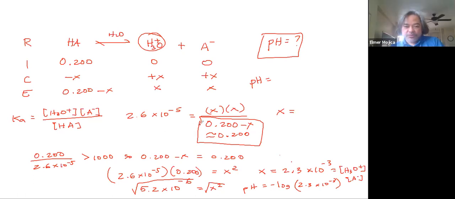Okay, so you have 2.64. Because the Ka that is given is 2.6 times 10 to the negative 5, so you need two significant figures after the decimal. Everybody got that?